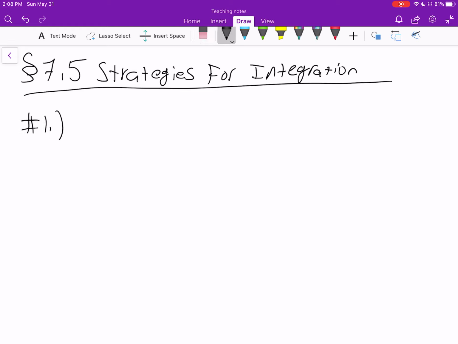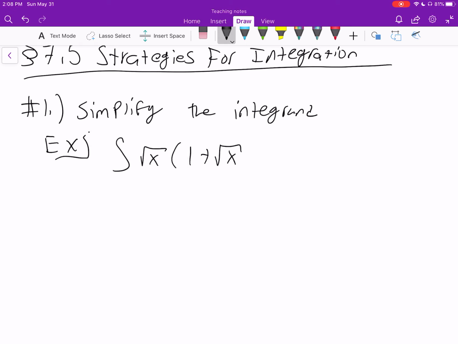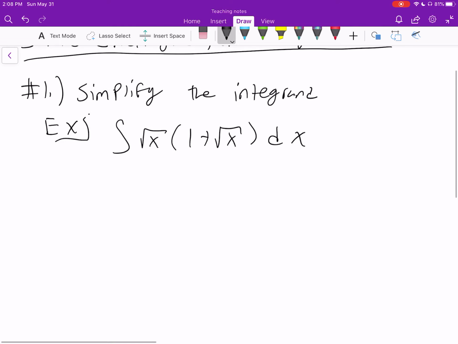So the first one is simplify the integrand. What this means is, if you had something like the integral of the square root of x times 1 plus the square root of x, hopefully you're not going to try a u substitution.